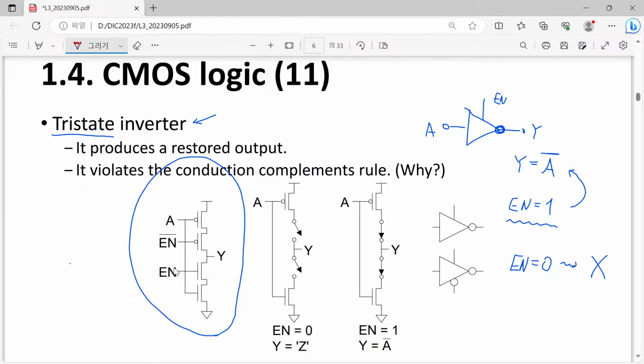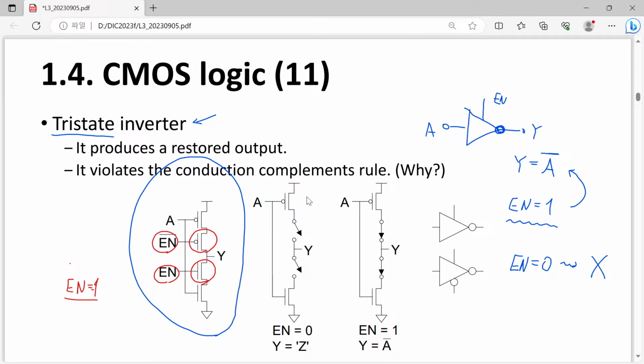So now let's have a look at this one. Here we have the enable signal for the N MOSFET, and here we have the enable bar input for our P MOSFET. So let's say that enable equal to 1. Then what will happen to our N MOSFET and P MOSFET? Our N MOSFET will be turned on.